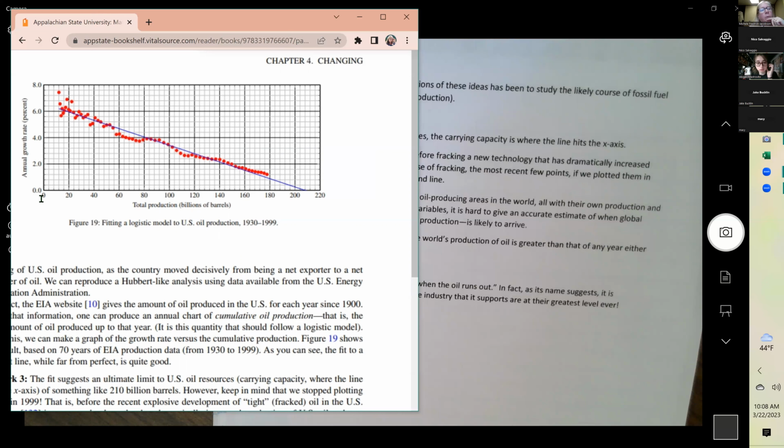Notice that the more we mine the oil, the amount that we're gathering, or the growth rate, is how much you're taking out. Those are decreasing. And it's pretty close to a linear model.